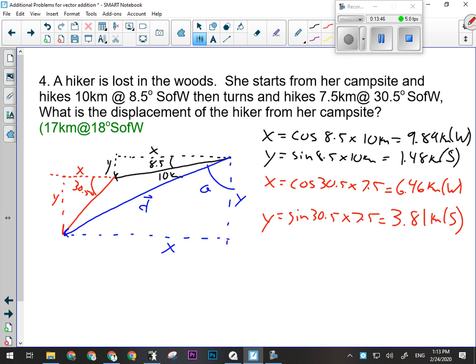Now we've got all of our x's and all of our y's. We add them up to get our resultant x and y. Blue y is going to be our 1.48 plus our 3.81, and our blue x will be 9.89 plus 6.46.